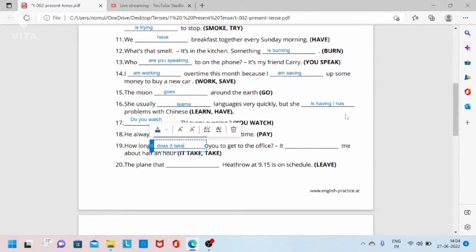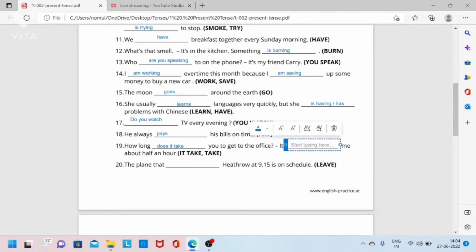It takes me. Okay, it takes me about half an hour. Okay, here we already have, by using this we are making the sentences. The plane that leaves Heathrow at 9:15 is on schedule.